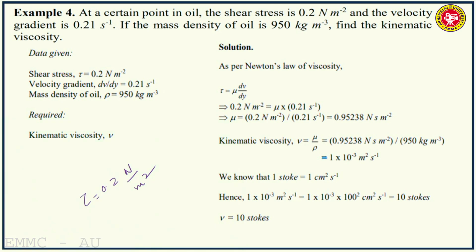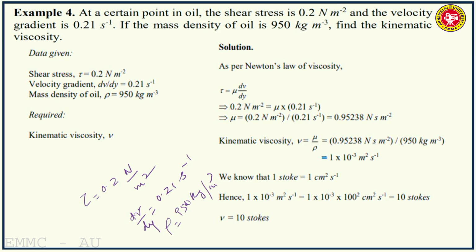And the velocity gradient is 0.21 per second, that is dV by dy is equal to 0.21 per second. It's given. Mass density is given, that is rho is equal to 950 kilogram per meter cube. You are asked to find out the kinematic viscosity.